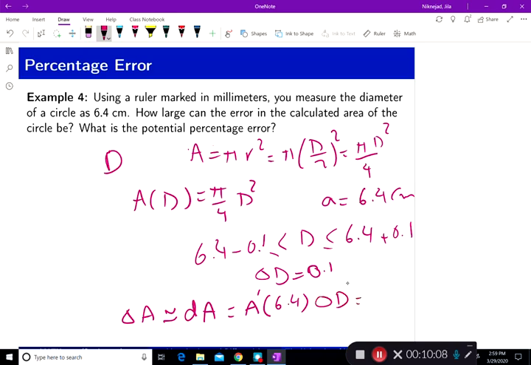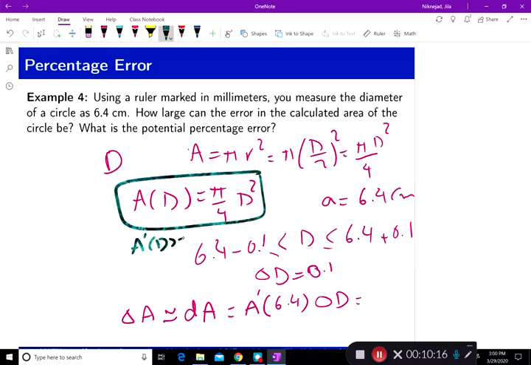What is the derivative? Let's change color. This is the function, so A prime of d is going to be pi fourth times 2d, which is pi d divided by 2.